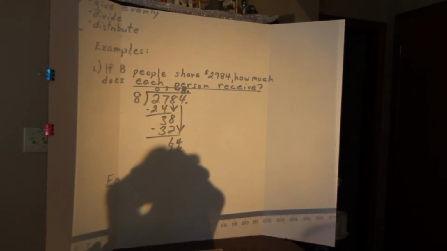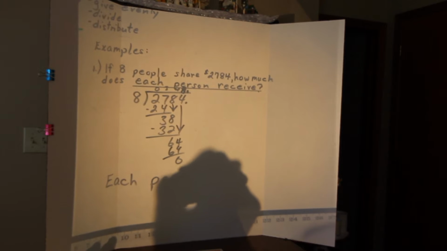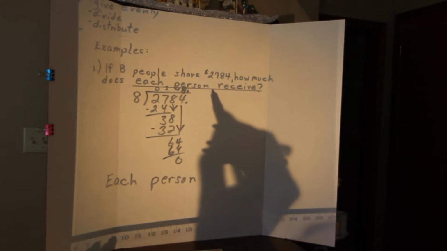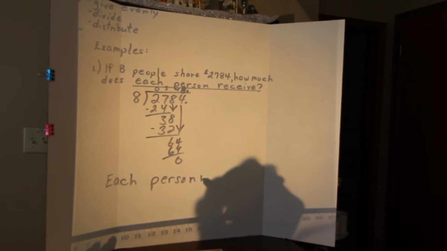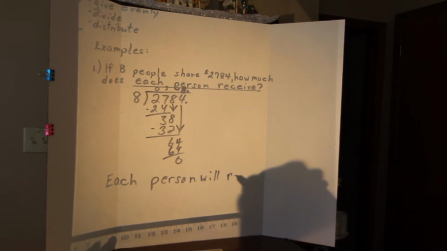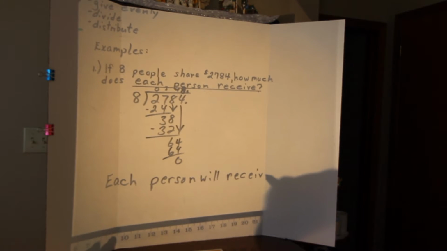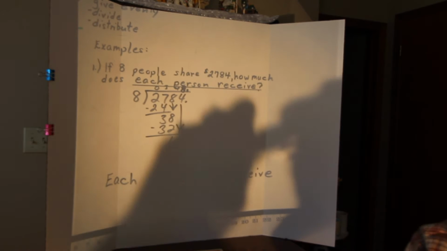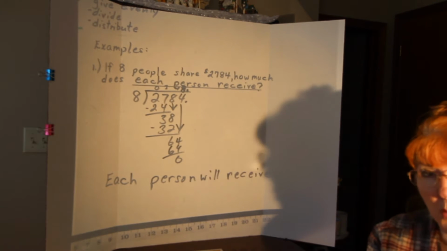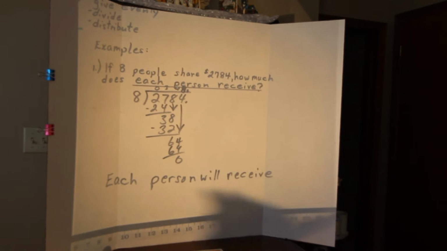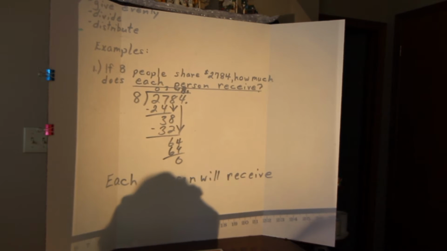Each person will receive. So I added a word in here. It's all spelled for you. All you have to do is add small words in most of the time. Each person will receive $348.